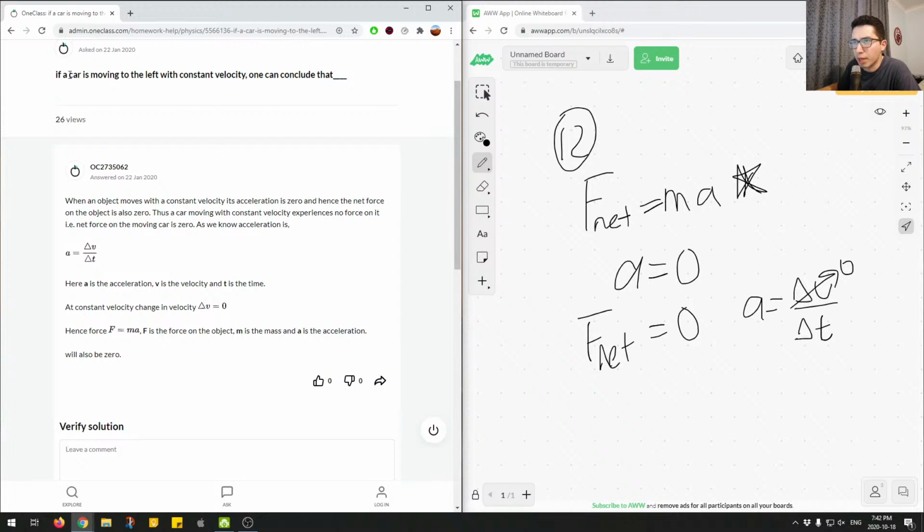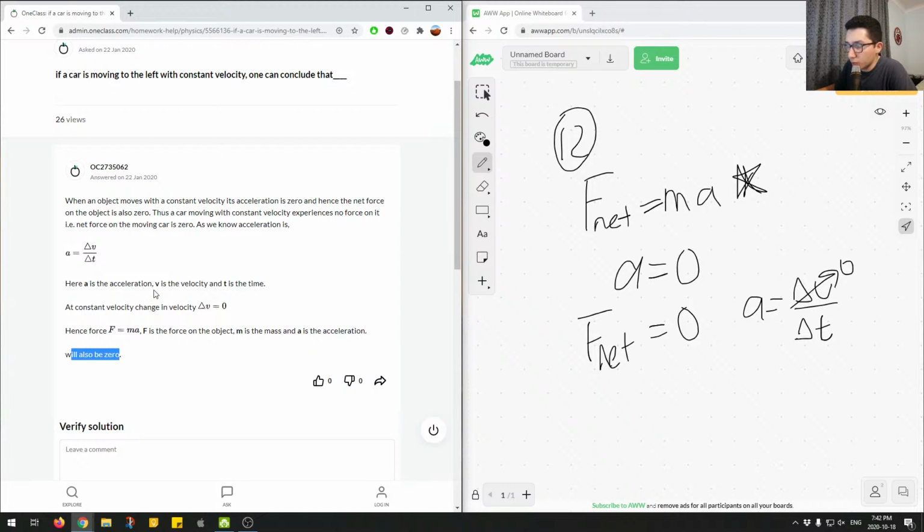So here, what are we asked? If a car is moving to the left with constant velocity, one can conclude that, I guess this is more open-ended, but essentially we can conclude that since there's constant velocity, there's zero acceleration, and the net force has to be 0 on the object. So I guess that's what we're going for based on the solution provided by the junior tutor.